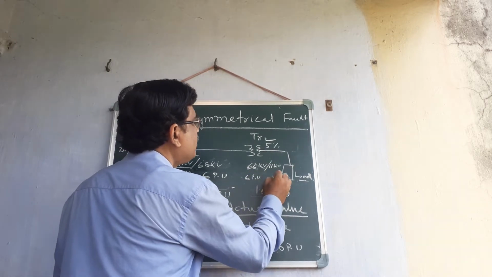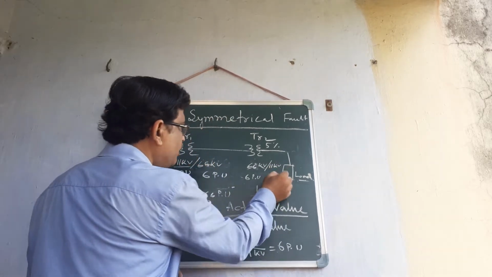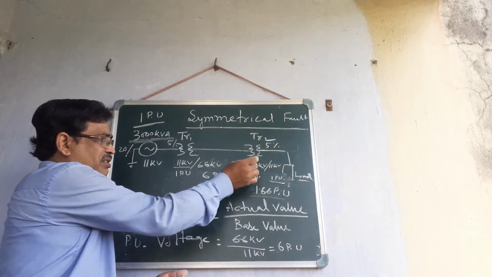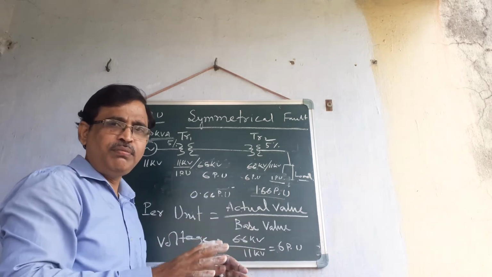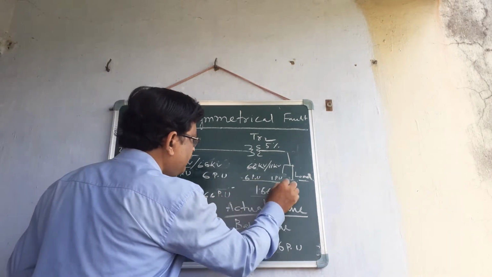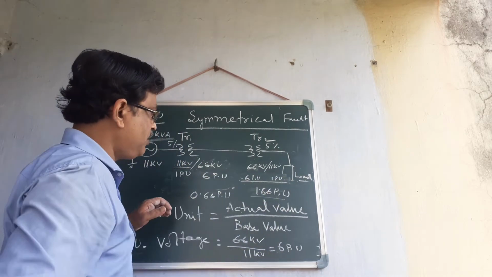Here we will set 1 per unit voltage. So 11 will convert to 1, 66 will convert to 6. Once again, instead of 66, at the time of calculation, we will put 6. The calculation will be more easier. So this is one advantage of the per unit system.